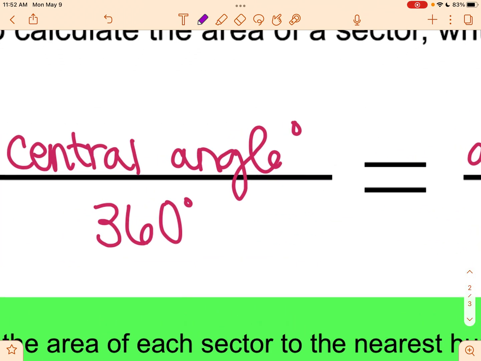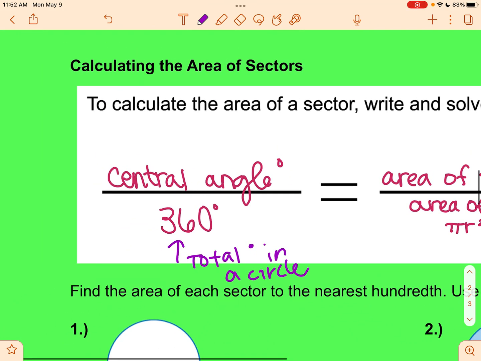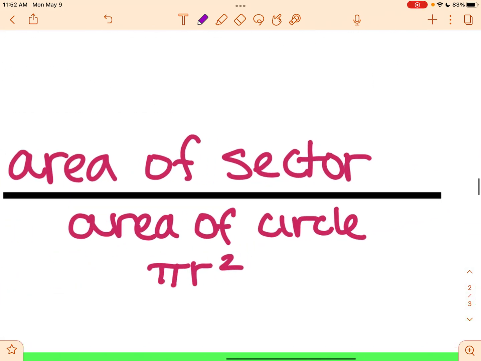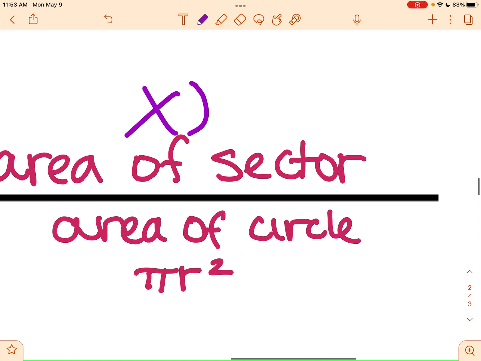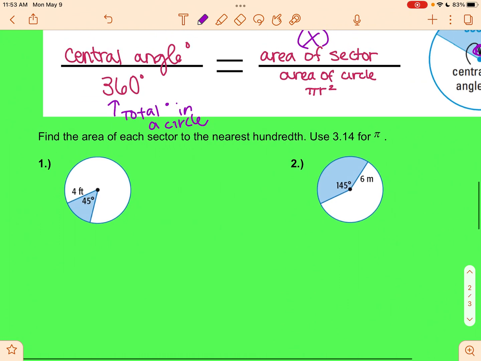Over 360, because there are 360 total degrees in a circle. So it's your angle over 360 equals the area of the sector. That's x. We don't know what that is. Over the area of the entire circle, so pi r squared. Okay, so these ones take a little bit more work because we have to do quite a bit of work to set it up.